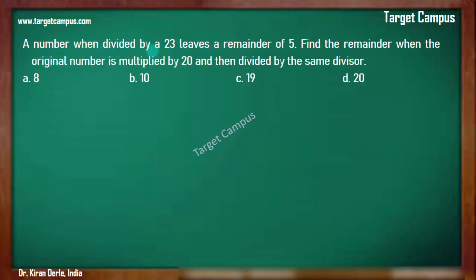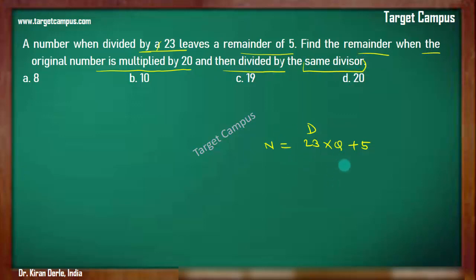A number when divided by 23 leaves a remainder of 5. See, the number when divided by 23, this is your divisor. Something is the quotient, the remainder is 5. Find the remainder when the original number is multiplied by 20 and then divided by the same divisor.